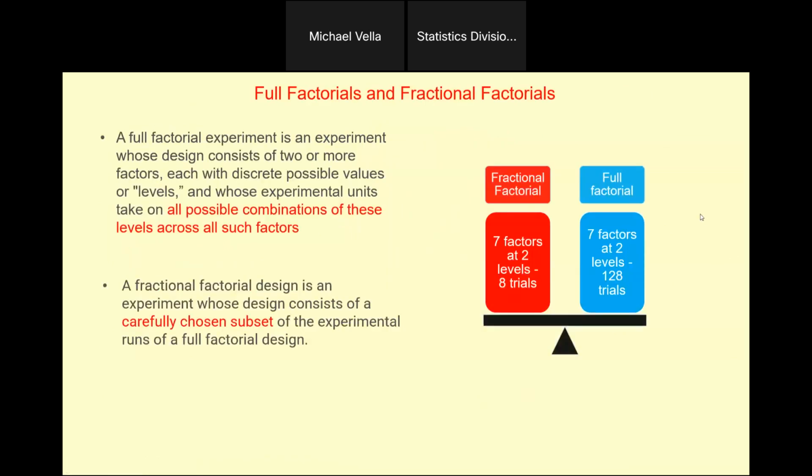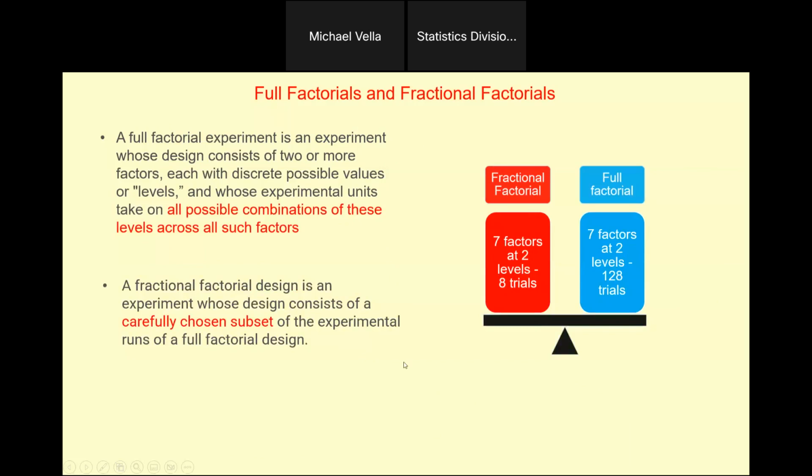So a full factorial experiment is an experiment whose design consists of 2 or more factors, each with discrete possible values or levels, and whose experimental units take on all possible combinations of these levels across such factors. While a fractional factorial design is one whose design consists of a carefully chosen subset of those experimental runs.